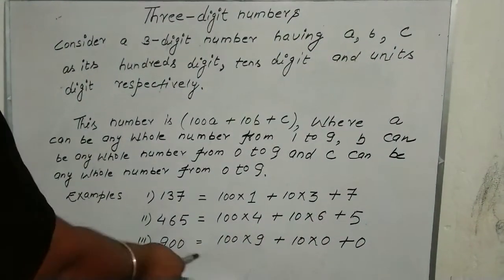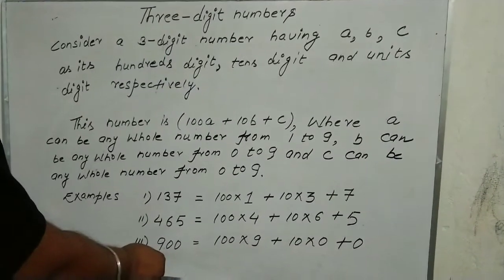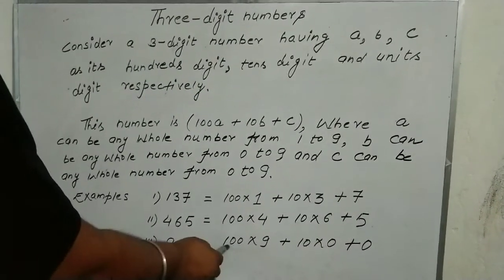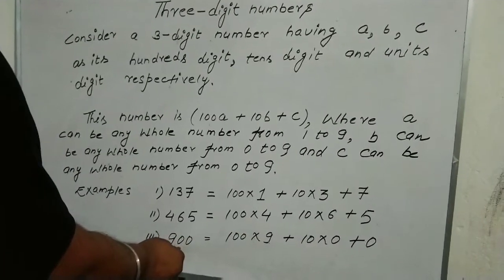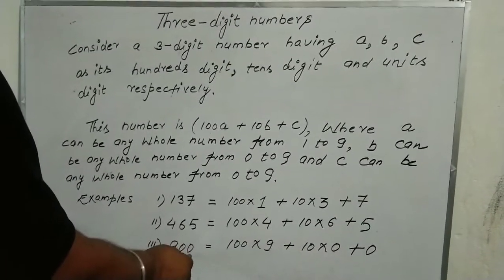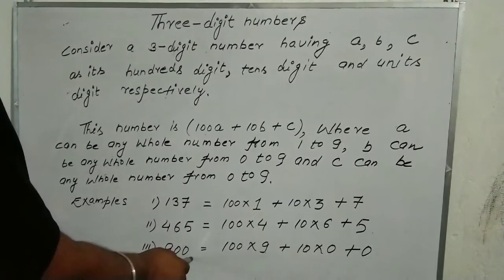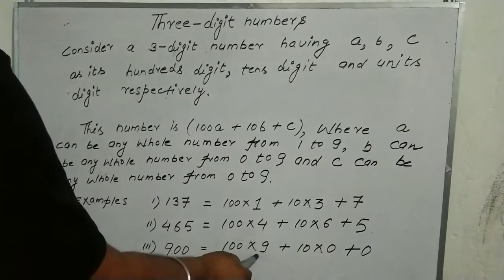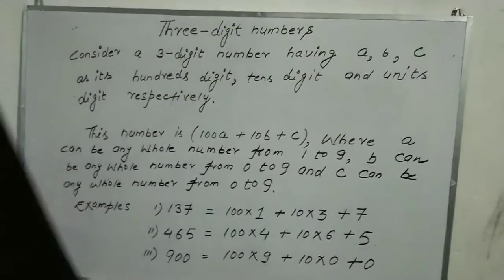Third example, 900. So 9 on the 100 place, so we will multiply 9 with 100. So 100 into 9, and the tens place is 0, so we will multiply 10 with 0, and the unit place is 0, so we will multiply the unit place with 1. So it will be 100 into 9 plus 10 into 0 plus 0.